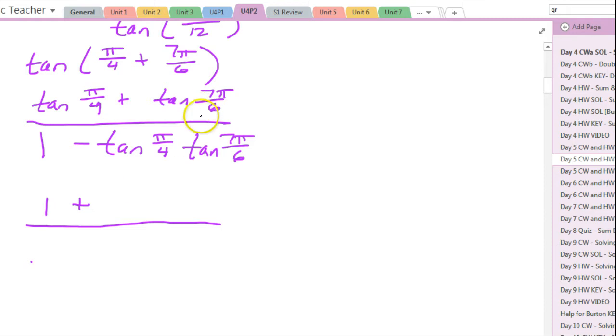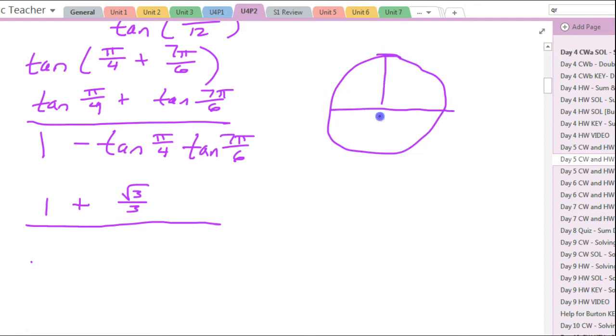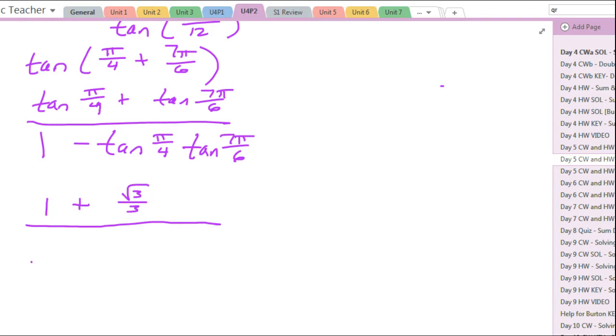Tangent of 7 pi over 6, I'm thinking about the reference angle pi over 6. So I know that the tangent of pi over 6, we've memorized that to be radical 3 over 3. So the only question is, should it be negative radical 3 over 3? For that, we just consider the quadrant that it's in. And so if I think about my pi over 6's, I'll just draw my little bootleg diagram.